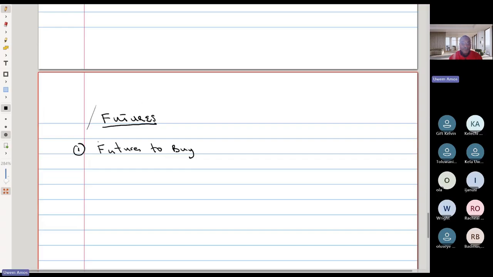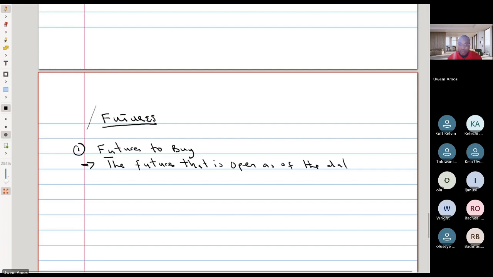We will buy the futures that is open as of the date we intend to borrow or invest, depending on what we are interested in.